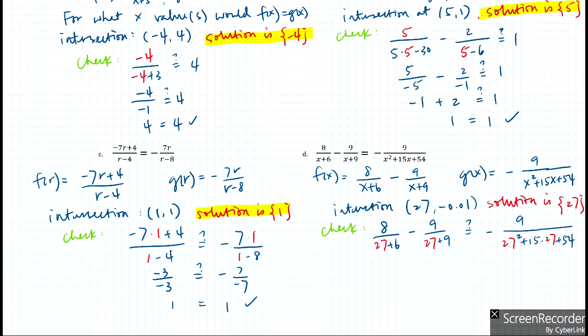So when we plug 1 in, we should get 1 on both sides of the equation in the checking process over here. And similarly, if we look at part A, we had the intersection negative 4, 4. So that means when I plug x equals negative 4, I should get y equal to 4 or output equal to 4 on both sides, and that's what we see in every group. So in this case, I'm expecting the output to be negative 0.01 on both sides.